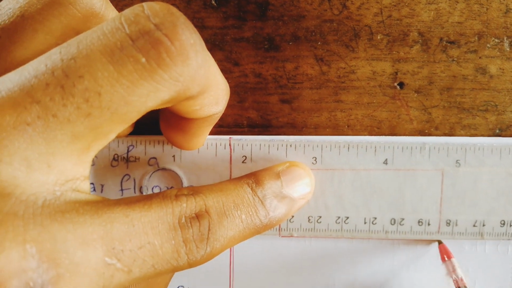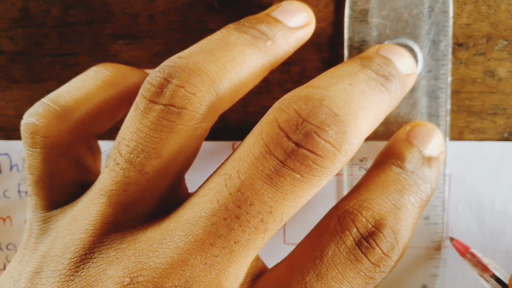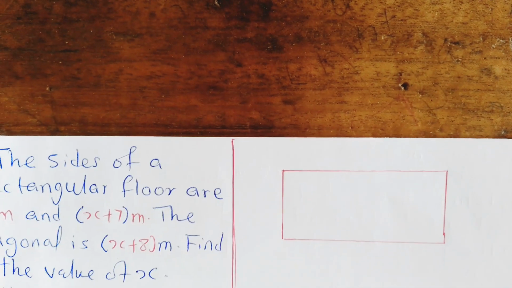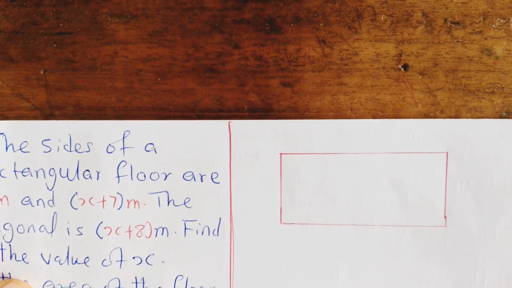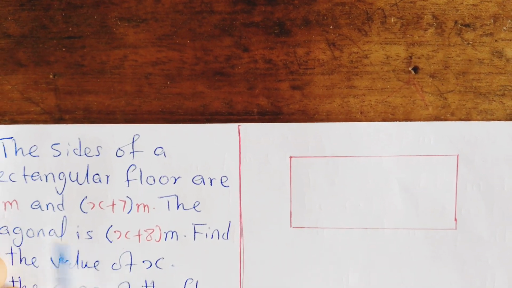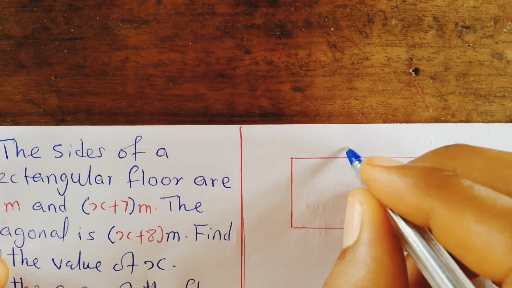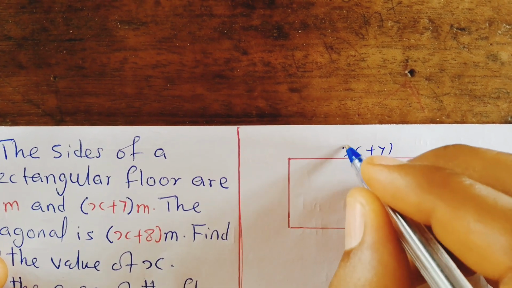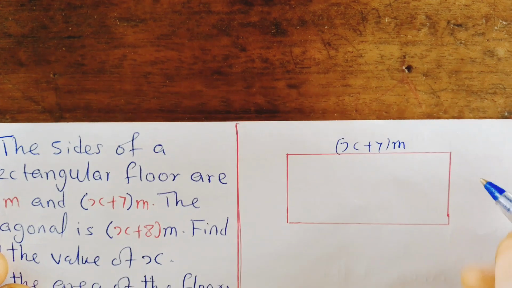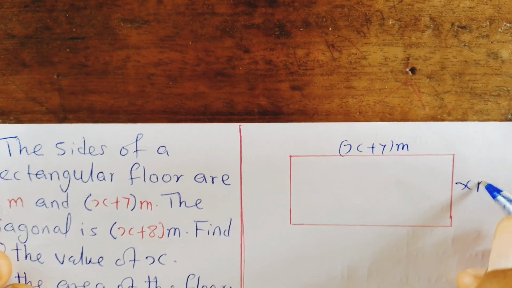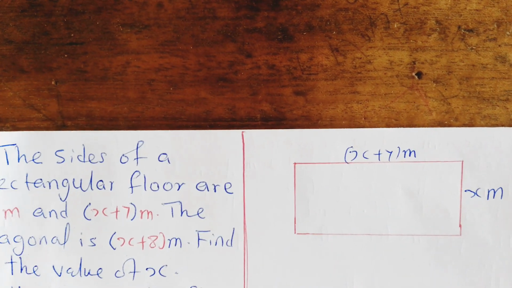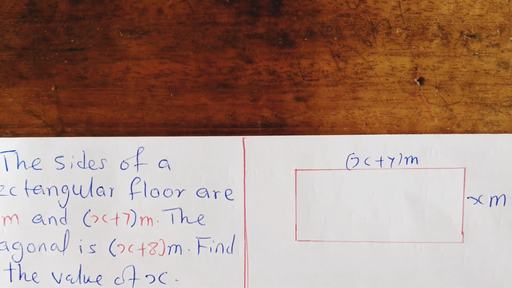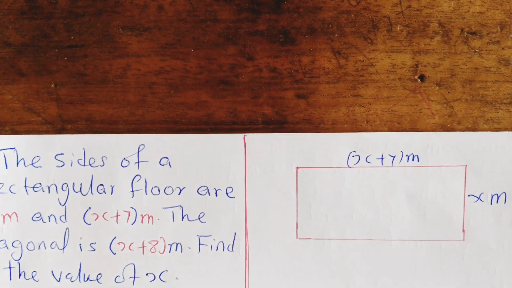The question says that we have x meters and x plus 7. It means the length is x plus 7 meters, and the width is x meters. And it says that the diagonal will be here.